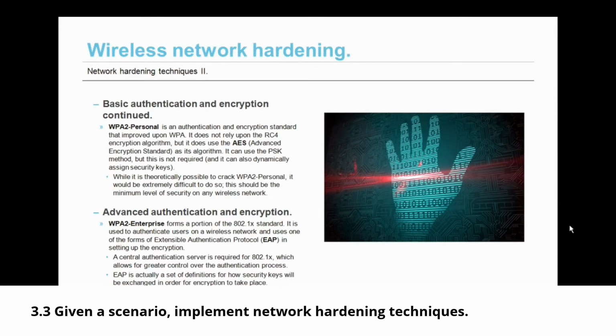It can also use the PSK method, but this is not required, as WPA2 Personal can also dynamically assign security keys. While it's theoretically possible to crack WPA2 Personal, it would be extremely difficult to do so. So this should be the minimum level of security on any wireless network.